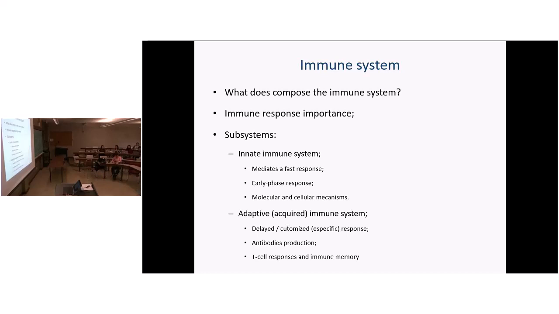It is one of the most interesting systems in your body. Obviously it has specific organs where some of those cells are produced and matured, but it doesn't have this vital function as the other systems that we saw so far have.